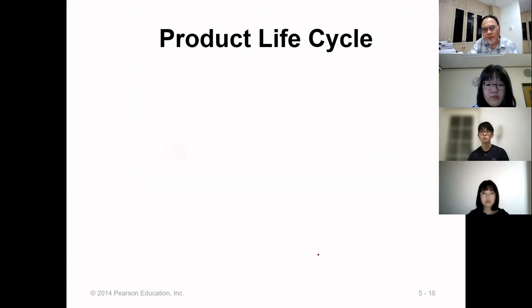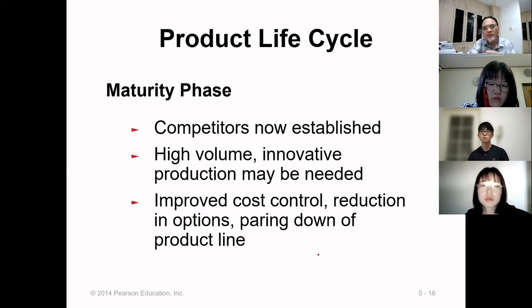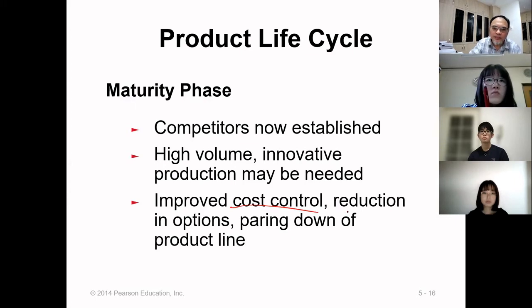And of course, the maturity stage: there are already competitors, so high-volume innovative production may be needed. You need the production to be innovative: automation, new robots, new equipment, and improved cost control. Reduction in options means you reduce the different models that you have.